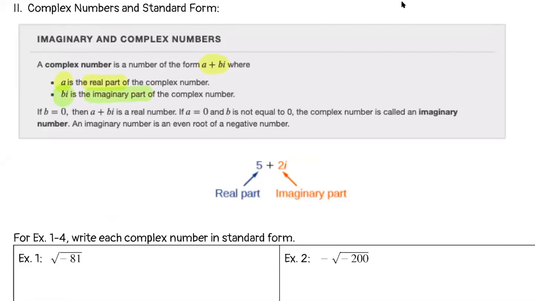If you get no imaginary part, then you have a real number. And if you have only the imaginary part, then you have an imaginary number. Okay. And so this right here is just a diagram to show you the real part is in the blue and the orange part is the imaginary part. And together, they make the complex number. Okay. So in this case, a is 5 and b is 2.